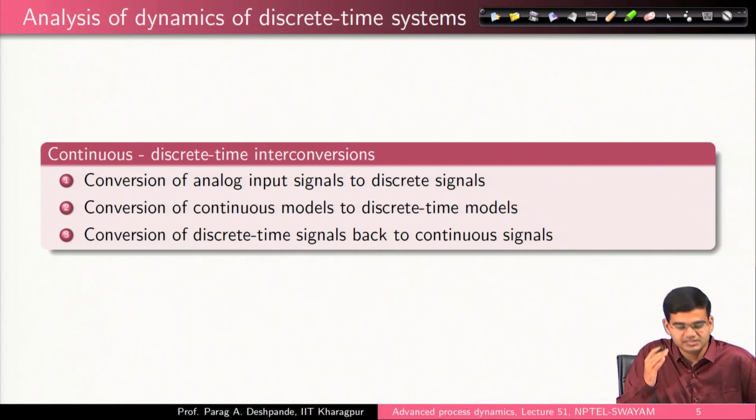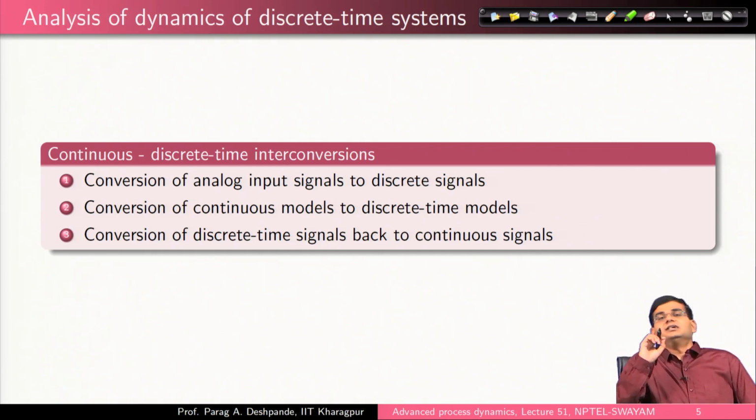So, the first step is conversion of analog input signals to discrete signals. Now, your digital computer will do the control processing, will process the control algorithm strictly in the digital domain, which means that all the models that you have to feed to the digital computer must be discrete time models.